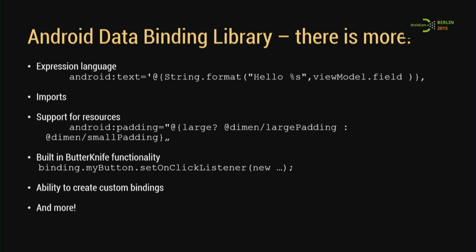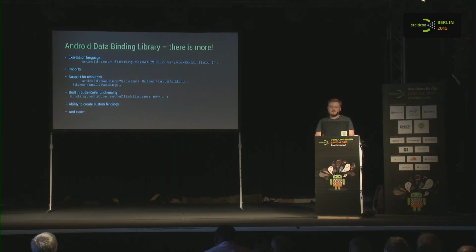And what is really great about this Android data binding library is that Google made a tremendous job to add some cool expression language to this binding. So we can, for example, execute string format in XML with parameters from our view model. We can import some static methods from other classes and use them in our binding.